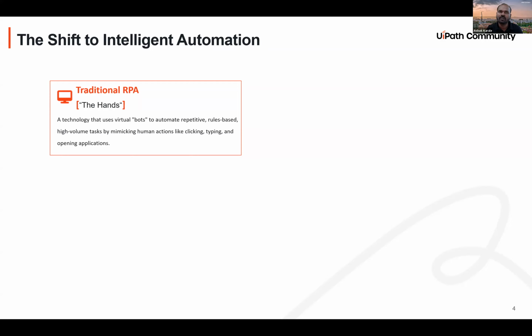We can refer to that as the actual hands. The bots were mimicking human actions like clicking, typing, navigating, opening and closing applications, everything we do manually on the system. All of that was being automated or mimicked by the bots. So that was the scenario of traditional RPA.